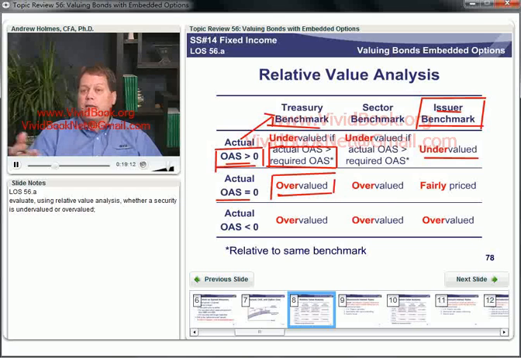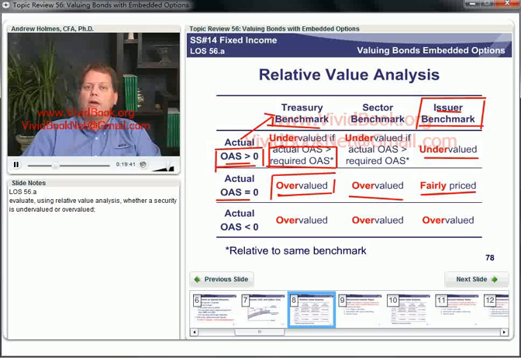So this is saying this single A bond offers no more yield after we adjust for optionality than a higher rated bond. So that means that this bond is overvalued. And of course, if we're just looking at the issuer, then it should have an OAS of 0, right? I expect to get no additional return over the same issuer when I buy another bond from the same issuer, so the OAS should be equal to 0, so that would be fairly priced.